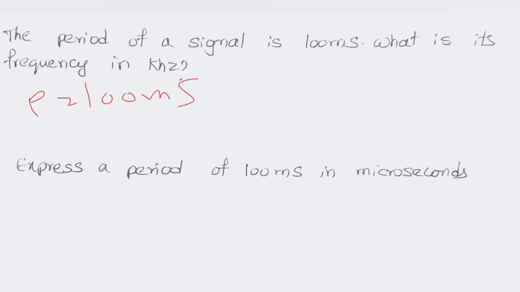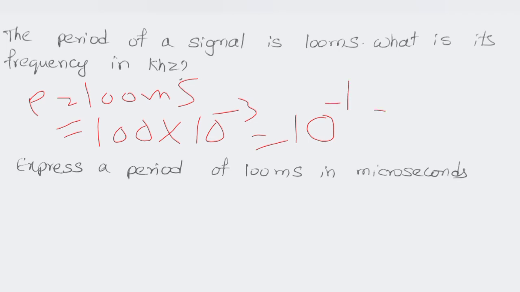It is given in milliseconds, so convert the milliseconds into seconds. A millisecond is 10 power minus 3. Here 100 is 10 squared, and 10 squared times 10 power minus 3 equals 10 power minus 1 second. So we know the period equals 10 power minus 1 second. Now we have to find the frequency in kilohertz.